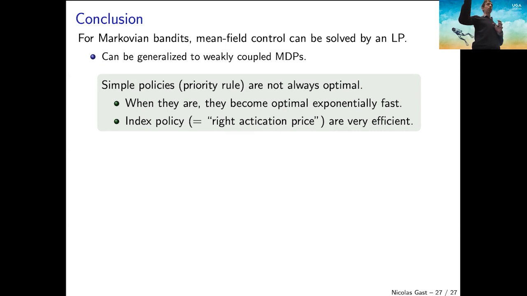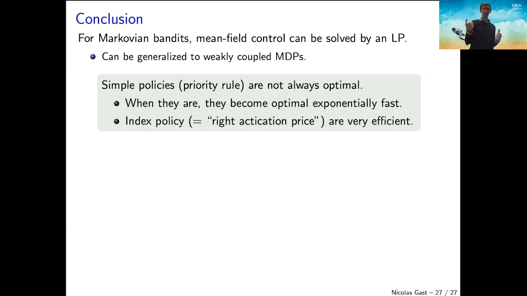And again, for this relaxed problem, you can define exactly the same thing for weakly coupled MDPs, where the action space is a bit more complicated, because you just have a linear constraint, you do the same linear constraint. Now, of course, not everything will translate exactly as I did.